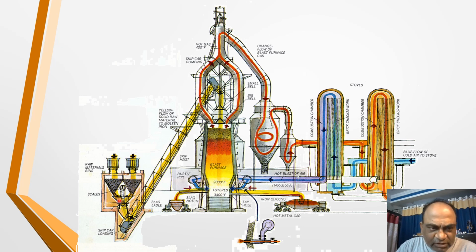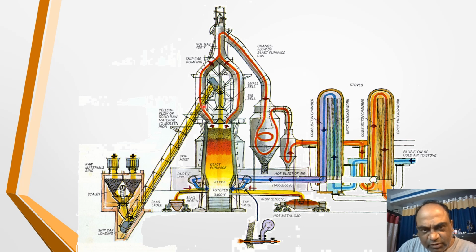For the raw material to be put from the top of the blast furnace, you have an arrangement that is called a skip car loading. The raw material is put from hoppers, and a weighing scale is there, so the quantity is measured here and poured into the skip car bucket.